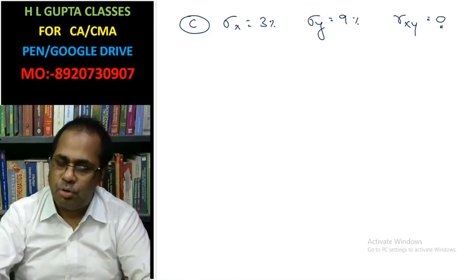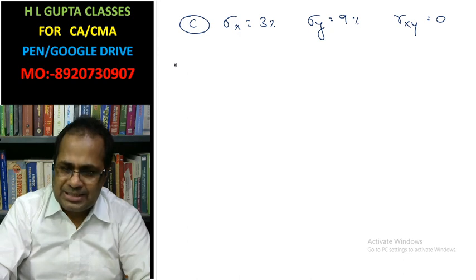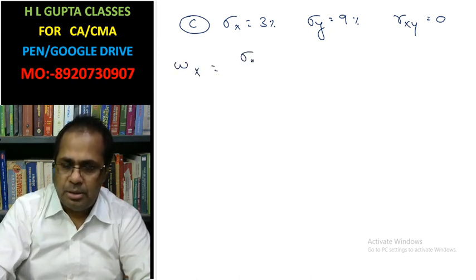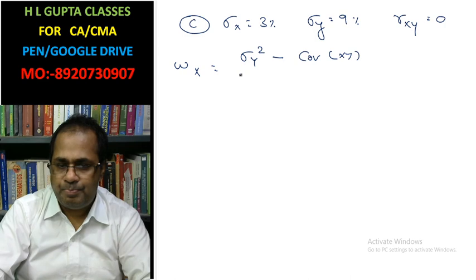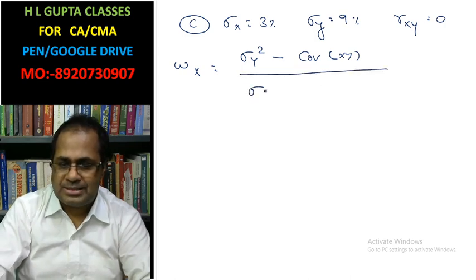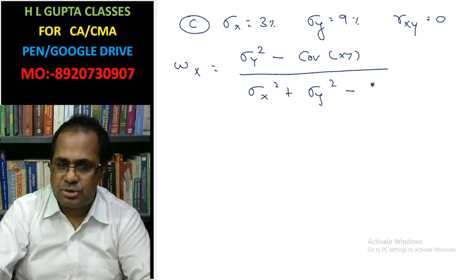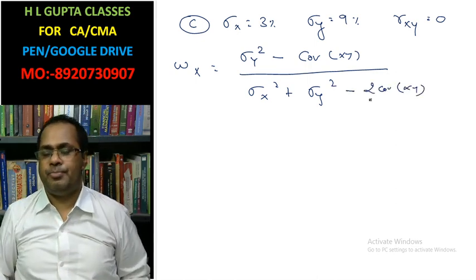This is other than perfect correlation. In this case, the formula we have to apply is weight X equals (standard deviation Y square minus covariance XY) divided by (standard deviation X square plus standard deviation Y square minus 2 covariance XY). This formula you have to apply.